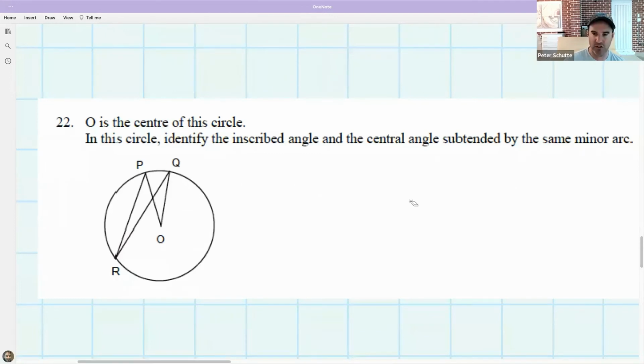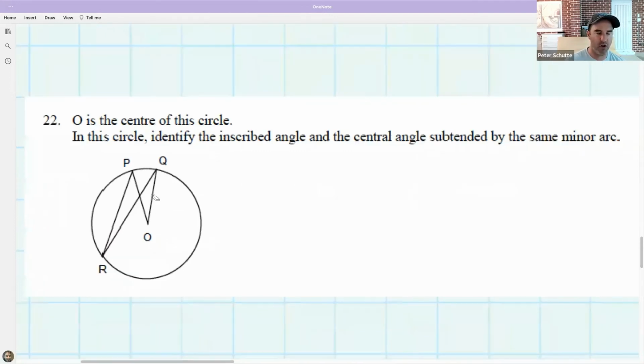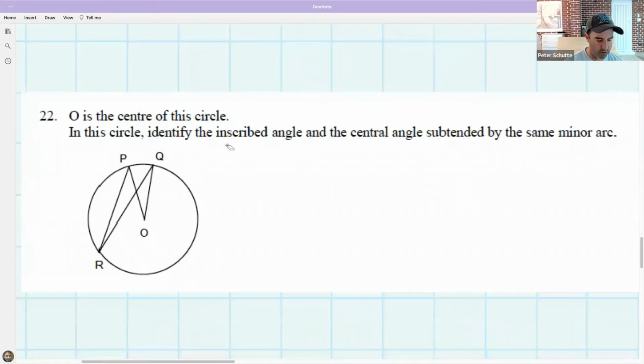Now, the question is asking you, in the circle, identify the inscribed angle and the central angle subtended by the same minor arc. I know this is quite wordy. Subtended is a weird word, we'll talk about that later. Now, I'm going to identify the minor arc for you. Remember the word arc from previously?